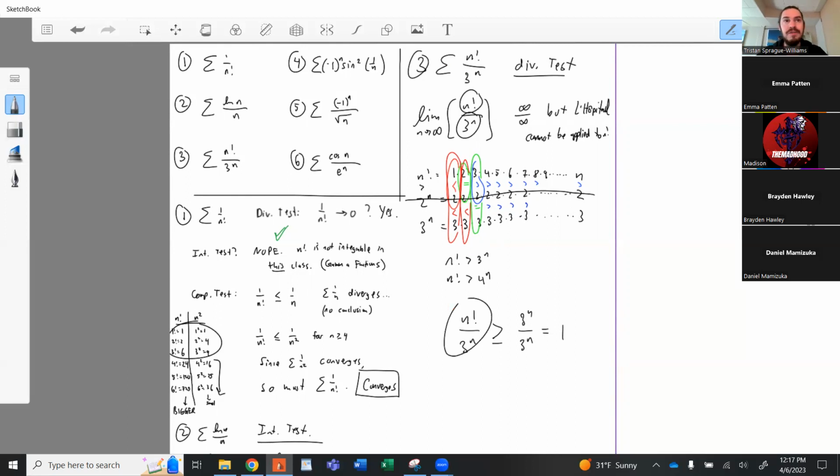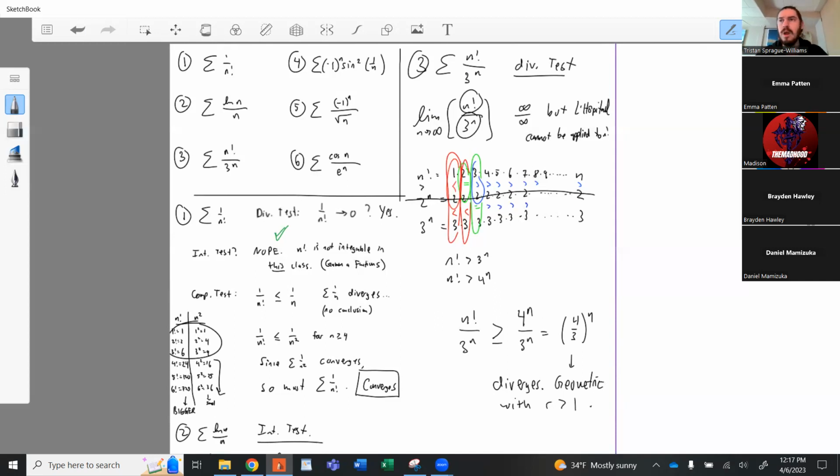That's my comparison test. I actually realized that I chose the wrong number. What I should have chosen here, if I'm doing the divergence test, is 4 to the power n. That's not equal to 1. We can view this as 4/3 to the power n. This diverges. It's geometric with r greater than 1.